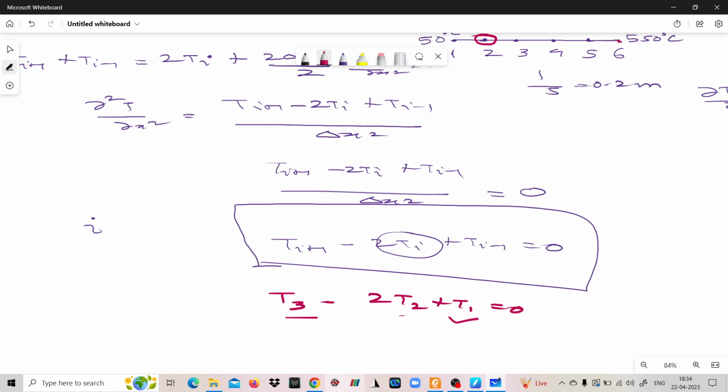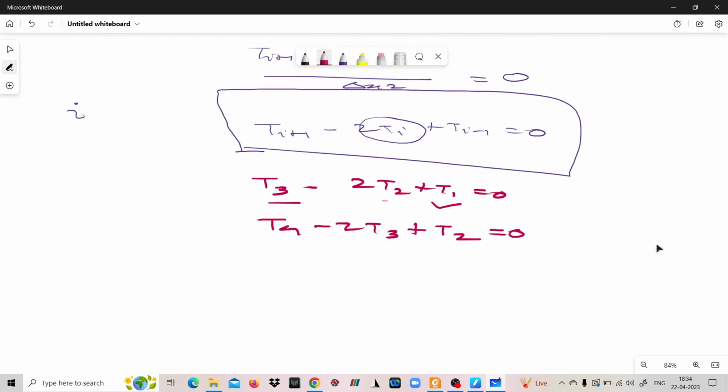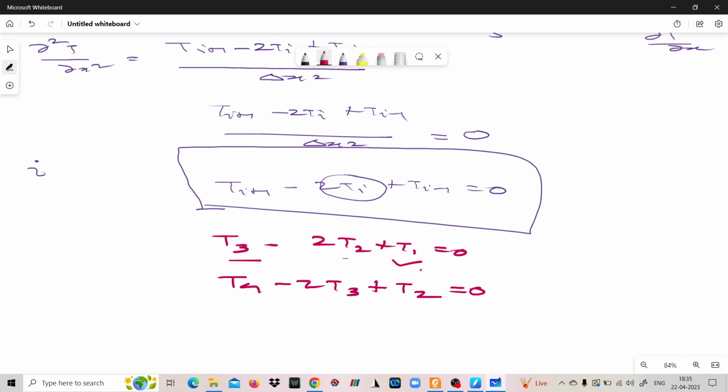Similarly for node 3, what will you get? T4 − 2T3 + T2 equals 0. Similarly for node 4, T5 − 2T4 + T3 equals 0.